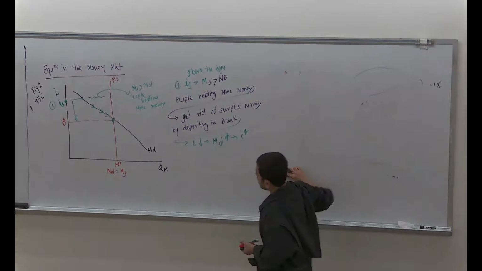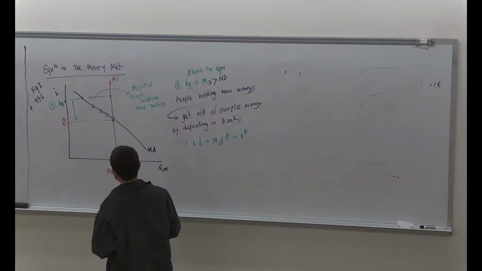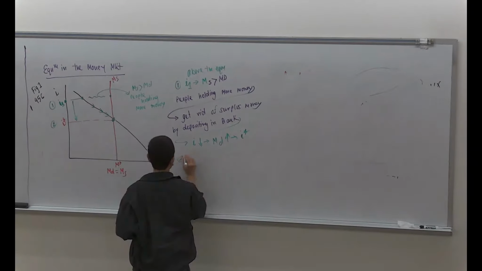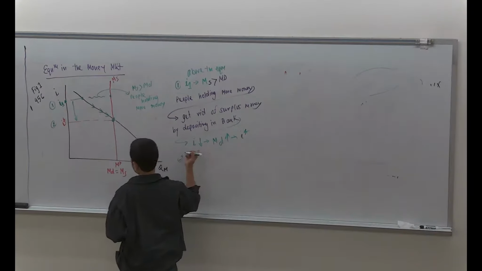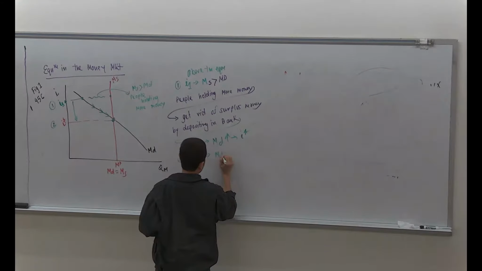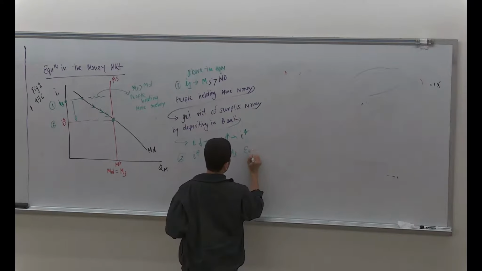Number 2: this is I star, which we already explained, where money demand exactly equals money supply. This is the equilibrium.